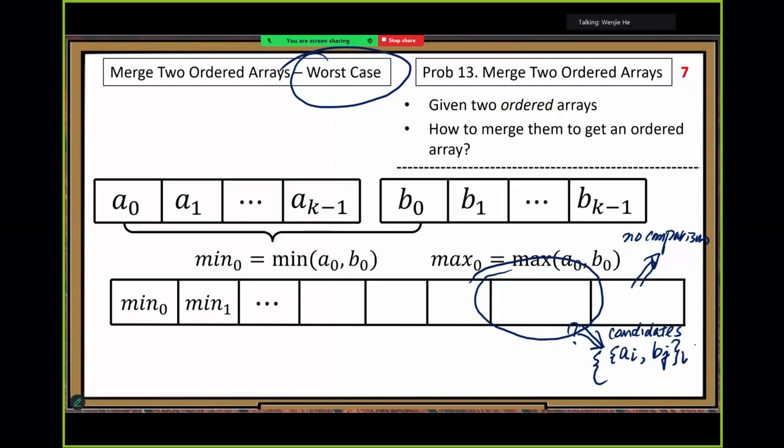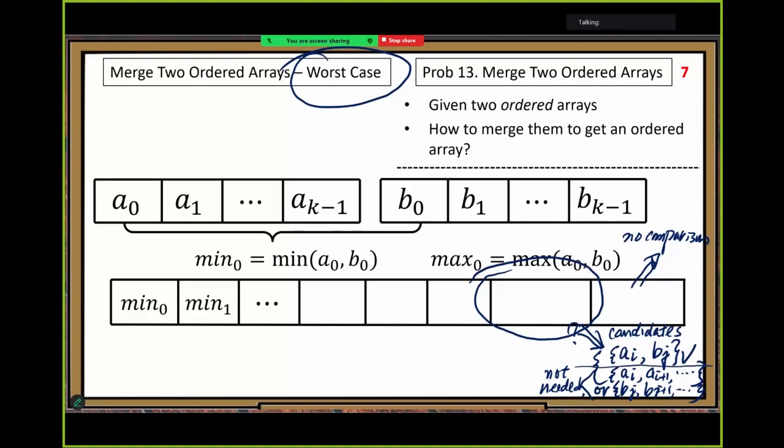But if you have A sub I plus 1 or B sub J plus 1, then no comparison is needed, right? So here you have these two possible cases.